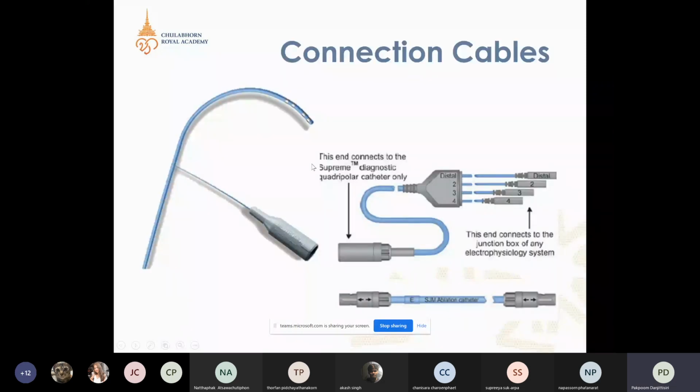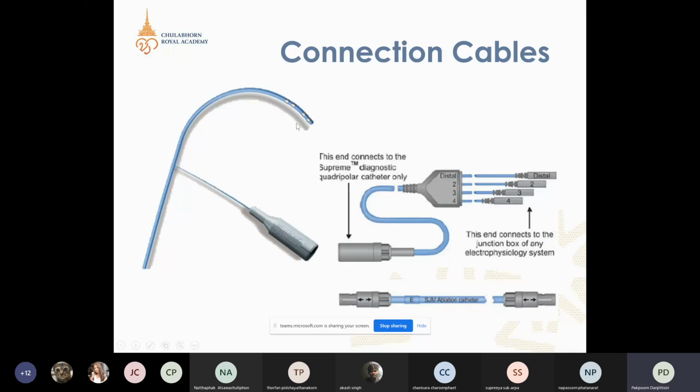You're going to have to change to use the 10 pin connection cable instead. The number of pins depends on the number of electrodes on the catheter that the doctor is using.